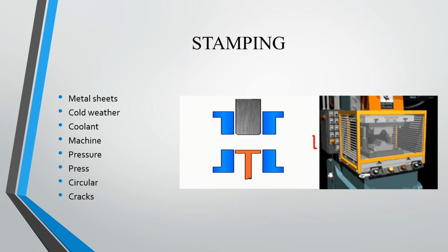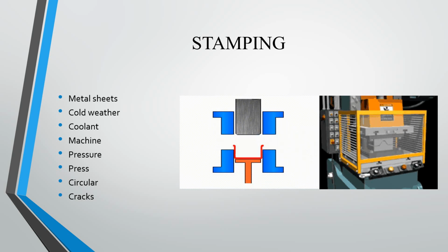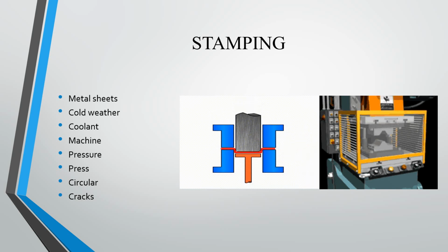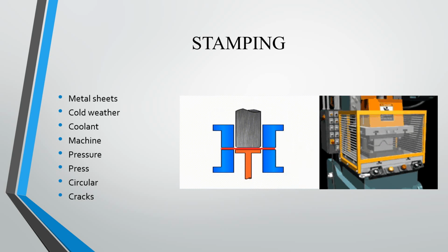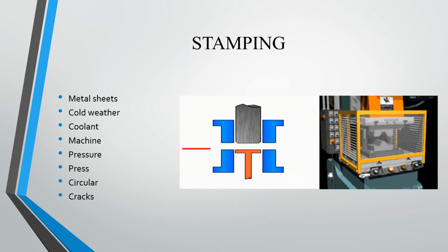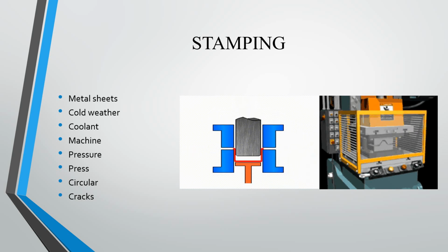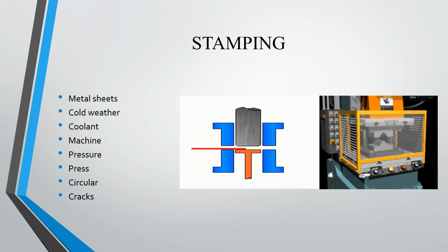This type of product is made in cold conditions, sometimes using coolant to avoid cracks, right? The machine generates with the press enough pressure to form the shape that they want with the metal sheets. Mostly the material is a circular metal sheet.